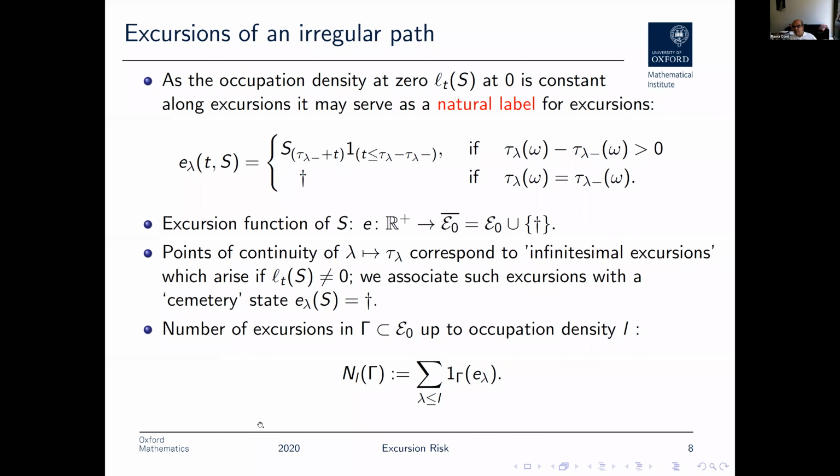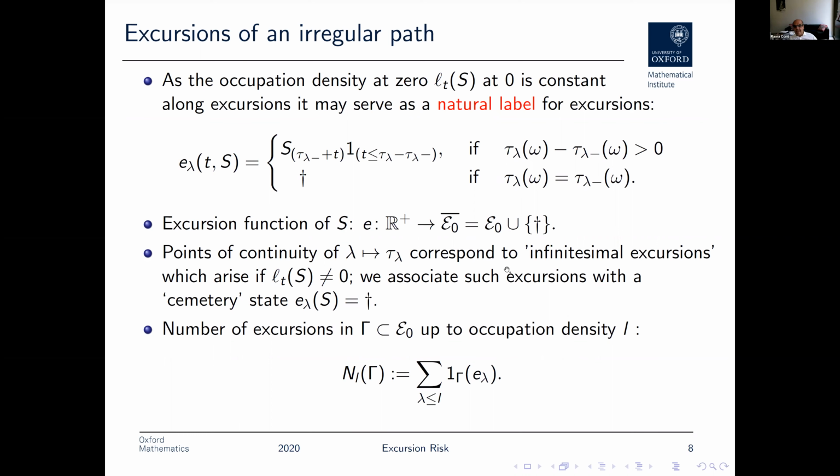Okay, so this funny notation, I'm trying to convince you that it's a natural way to label excursions, because this occupation density is constant along excursions, so each excursion has a well-defined value of occupation density.